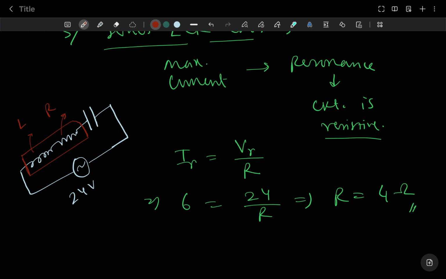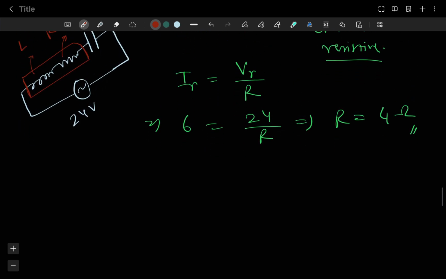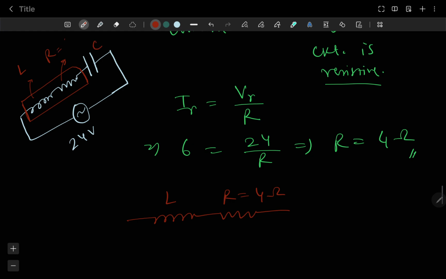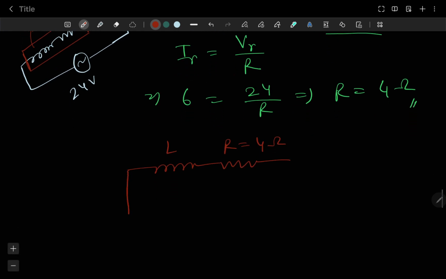So now when this inductor coil is connected to a DC source of 12 volt, what will happen? Here I have found that R is 4 ohm, L I don't know. So it is connected to a DC source 12 volt, and it has an internal resistance of 4 ohm.